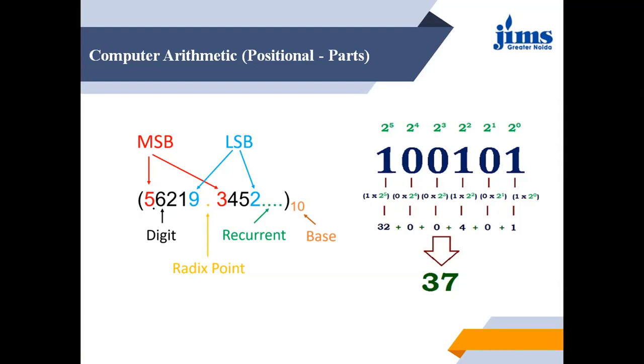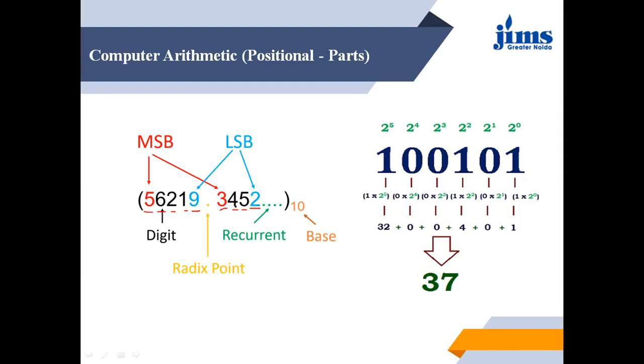In this number, 9, 1, 2, 6, 5 are digits on the left hand side of this radix point, whereas 3, 5, 4, 2 and so on are the digits on the right hand side of this radix point.